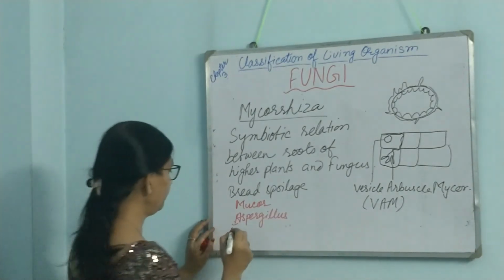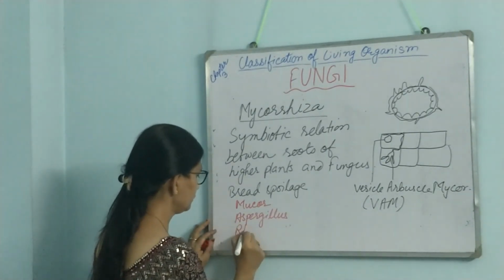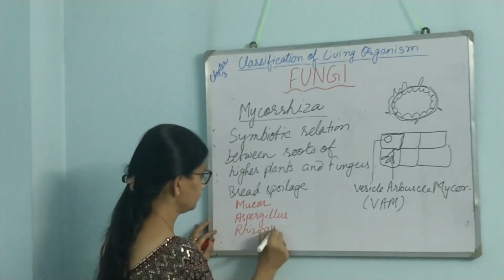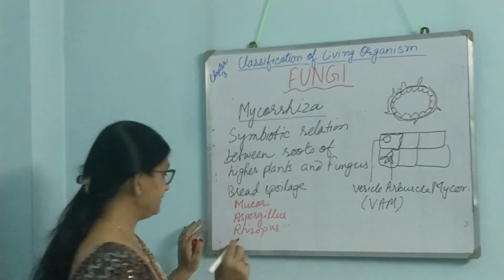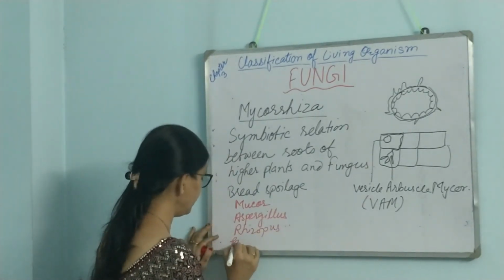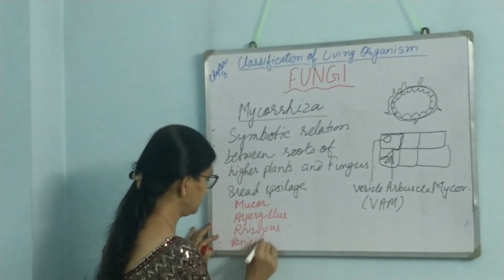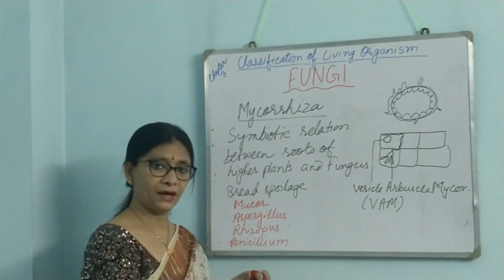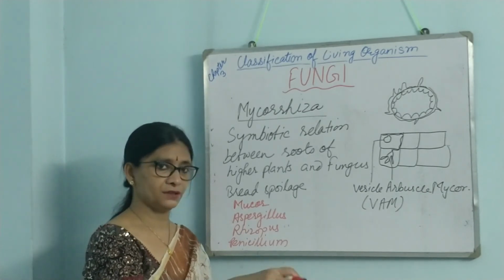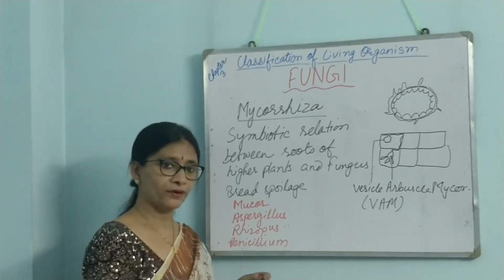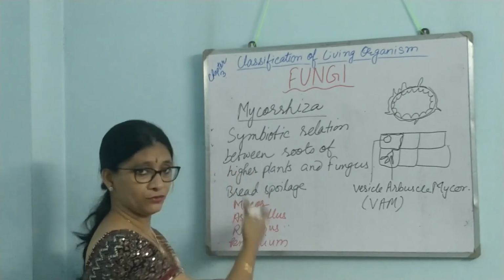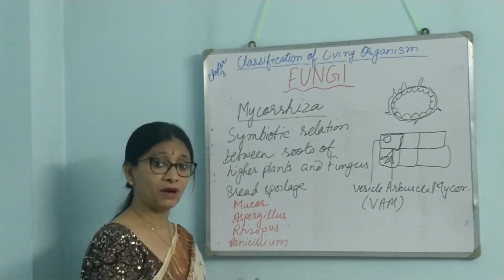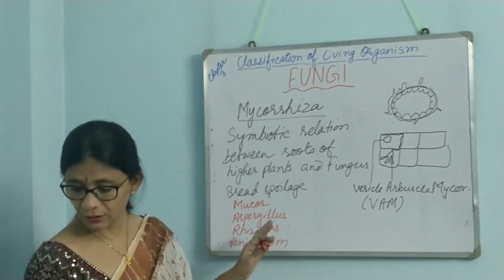Then we have Rhizopus. And then we have Penicillium. All these sit on the bread. You can grow all of them. Just keep the bread outside, sprinkle a few drops of water and keep it in a plastic bag. All these will come. They have a different variety of colors. So these are food spoilers.